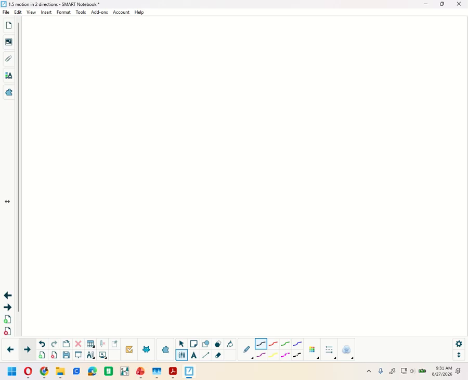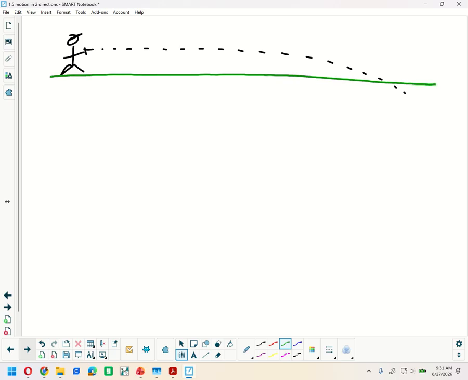All right, so let's see. My initial height is 1.5 meters.